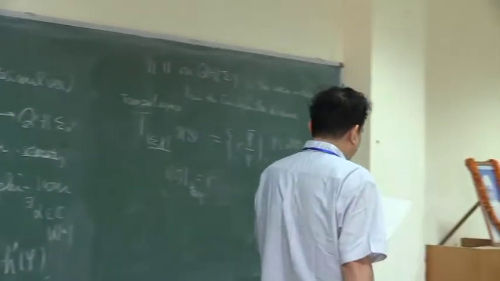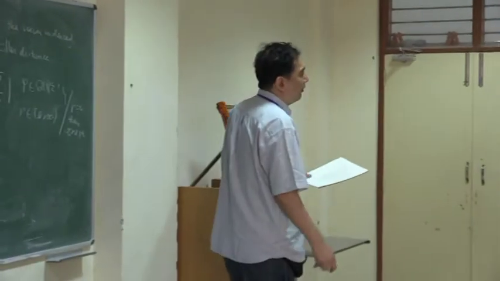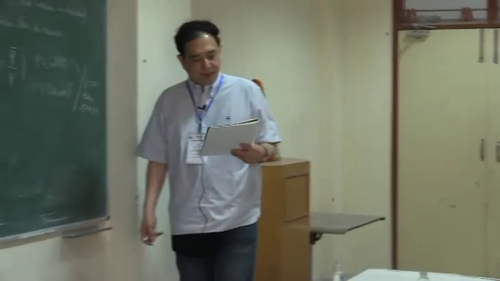So how can we define the norm on the cotangent space?